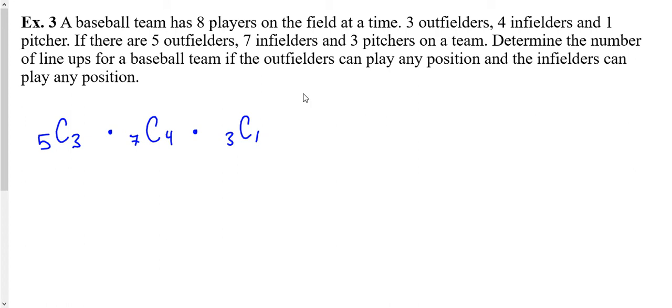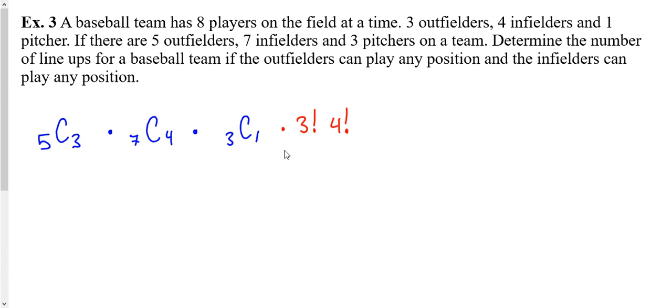From here, we're also going to multiply because we are going to determine their positioning. We can multiply by 3 factorial because that's the 3 outfielders, and 4 factorial because that's the 4 infielders, and they can play in any position there.